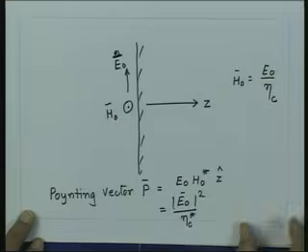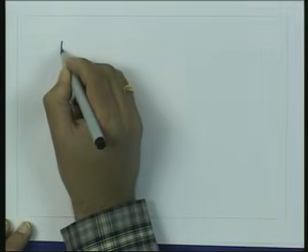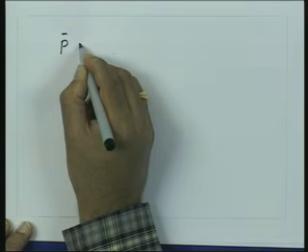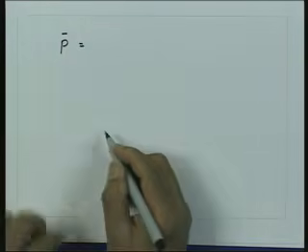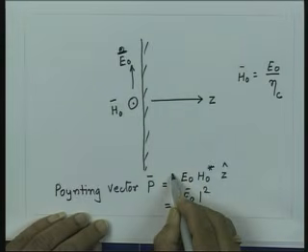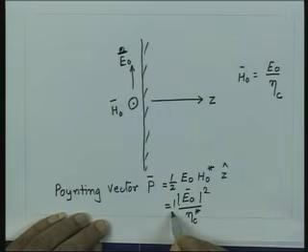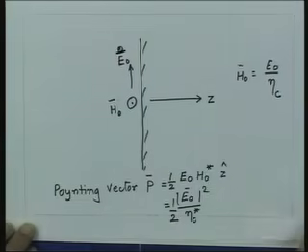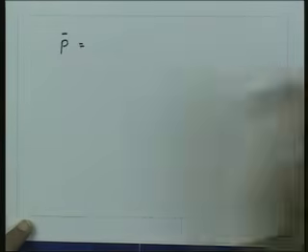If I substitute now for eta c and rationalize it, I essentially get the power flow P, where we use the RMS value. So, we have average power which is half E cross H. So, let us put factor of 2 here.